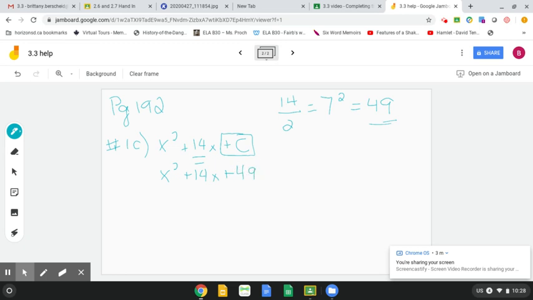Now that I've added 49, this is a nice looking quadratic. To change it into vertex form, you take the square root of the first term; the square root of x squared is x.